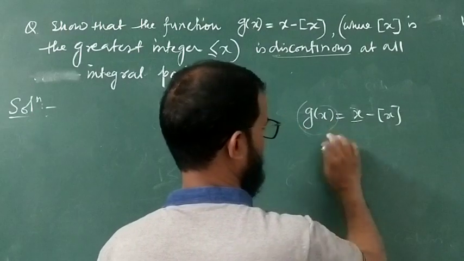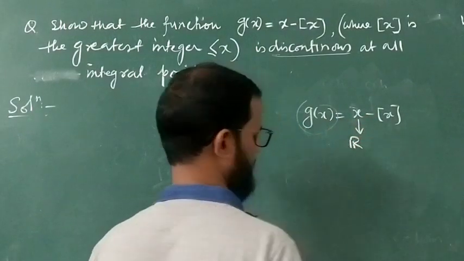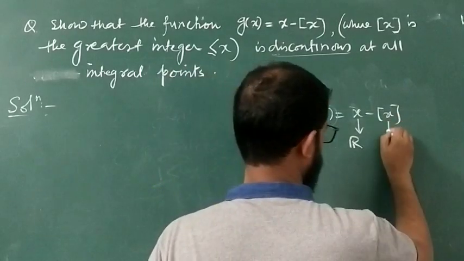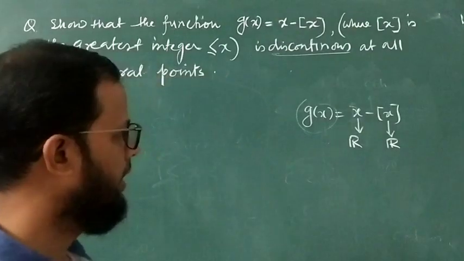The domain is the set of real numbers. In other words, x is the identity function, and the domain of the identity function is the set of real numbers, and the greatest integer function's domain is also the set of real numbers.